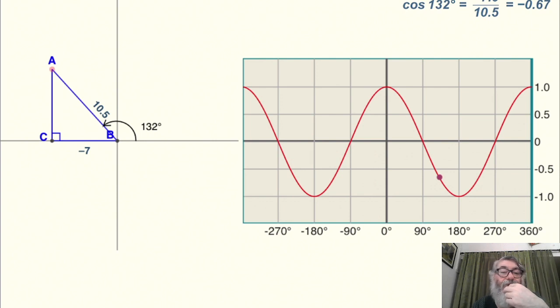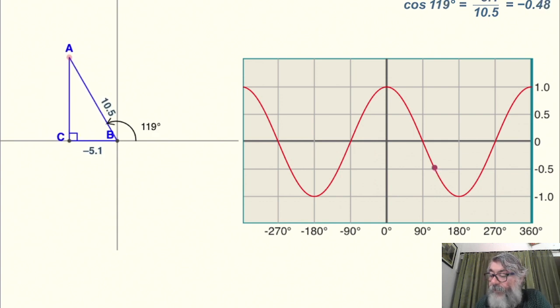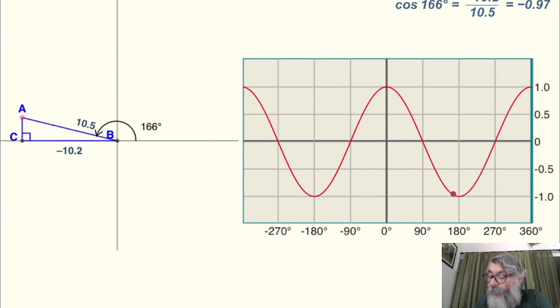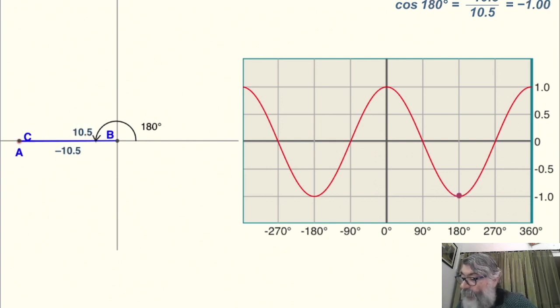Now in this, when the base becomes negative, notice the movement of the red dot on the curve. It is decreasing, going down, down, down, and it reaches its minimum value when it becomes 180 degrees.